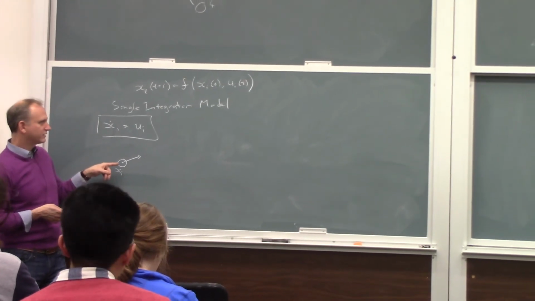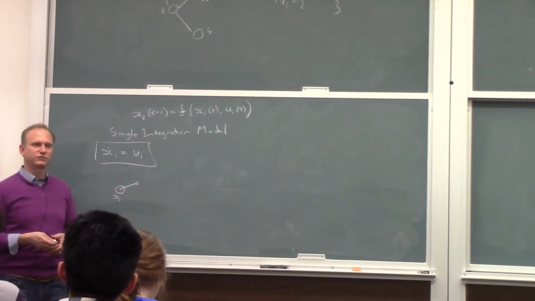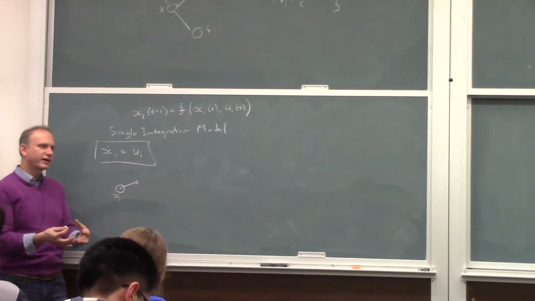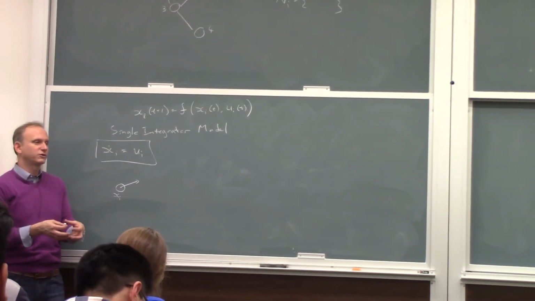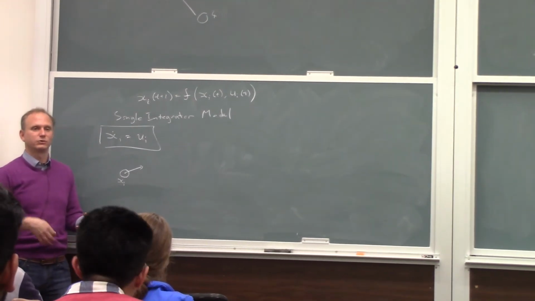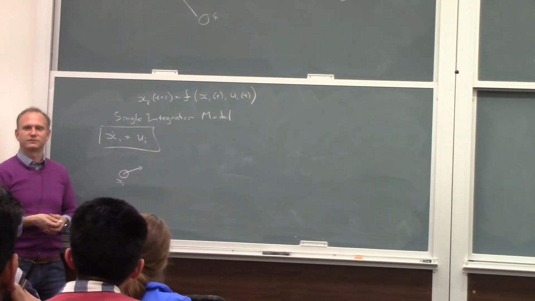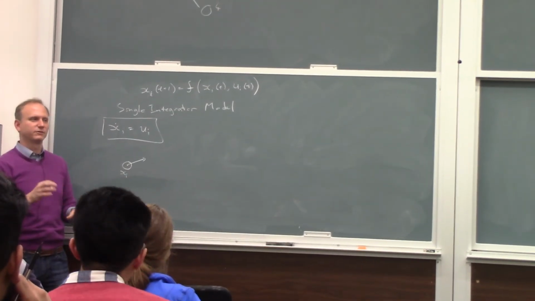However, the idea of a single integrator is that it's a good enough model, right? It's kind of sacrificing fidelity for simplicity. And typically the idea is that there's an underlying low-level feedback controller that tries to track a desired velocity. You apply a desired velocity and it very quickly produces that desired velocity. So this is a common way to model robots at this level.